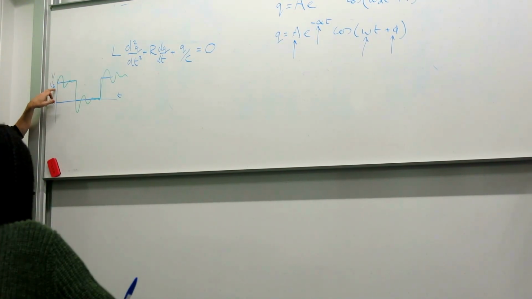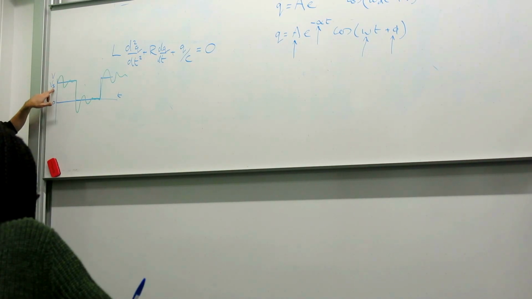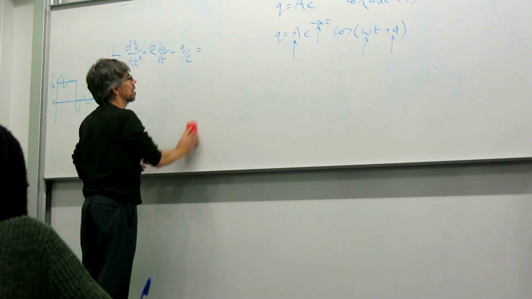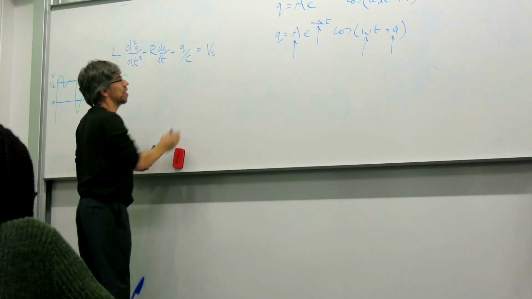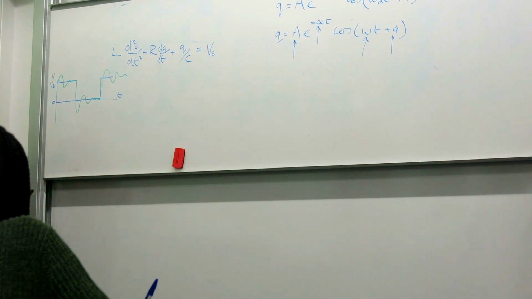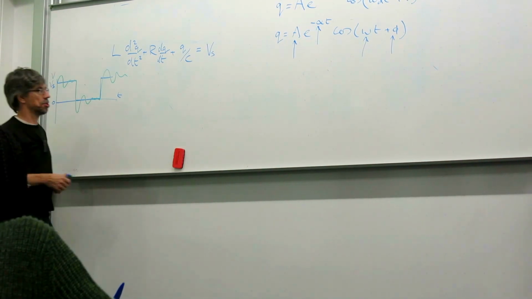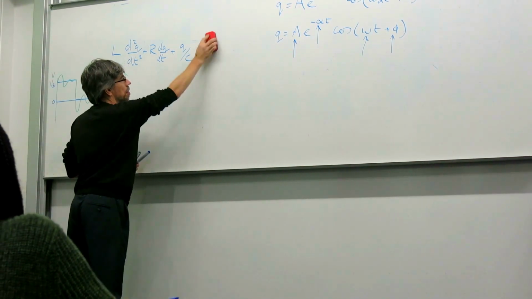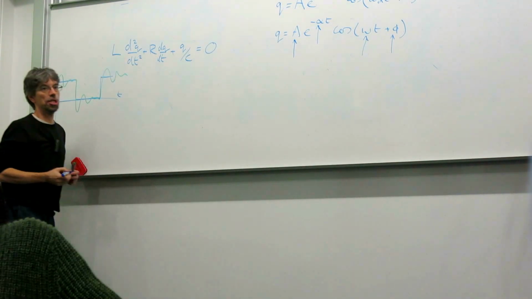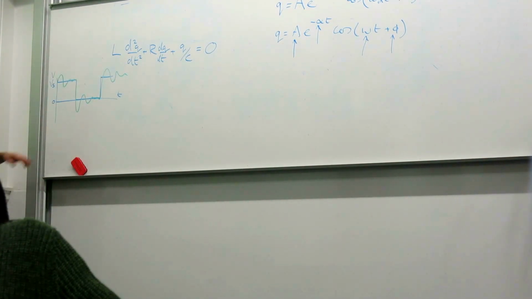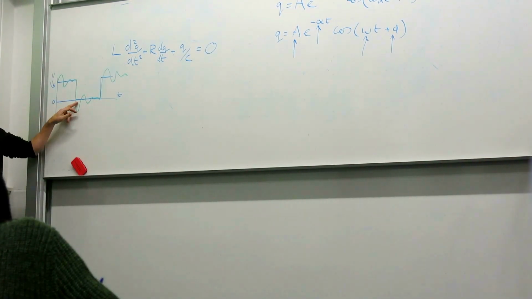However, we could also solve it for the case where Vs is being applied, and the only difference is we have a Vs on the right hand side, and we'll see in a minute what that does to the solution. But it's nicer to consider the homogeneous equation with the 0 on the right hand side, which is going to give us the oscillations either side of 0.